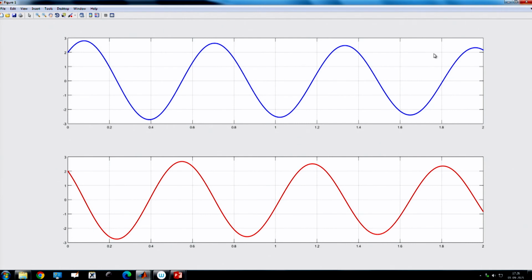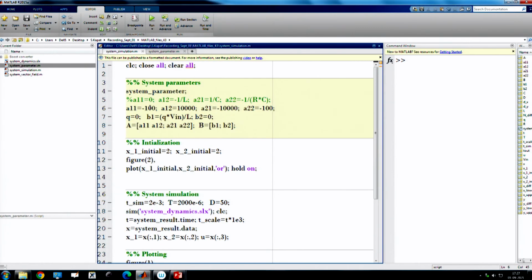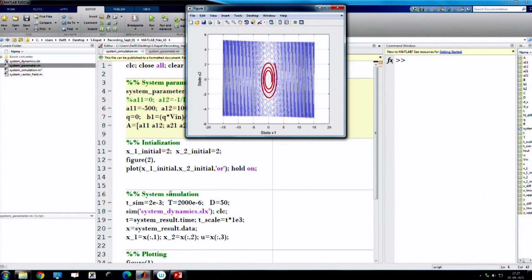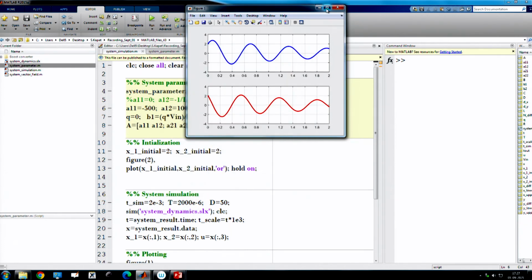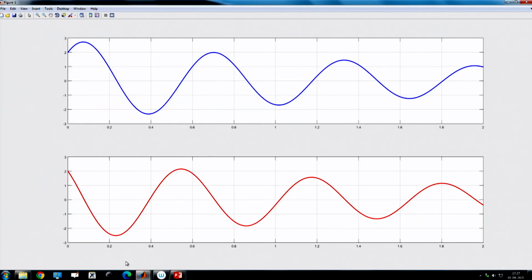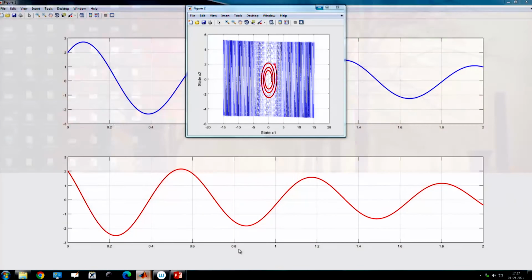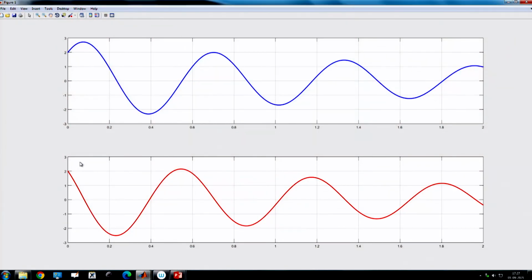If we run again with an even higher value, the rate of decay should be faster, and you will see that it decays faster. You can imagine there is an exponential decay in the amplitude.